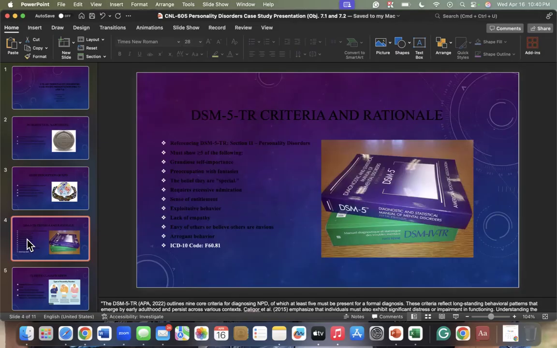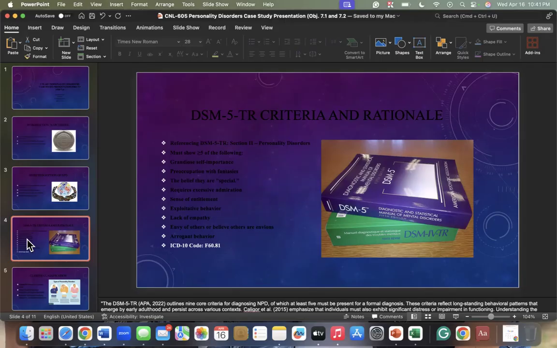Also, for the criteria and the rationale of the DSM-5 for narcissistic, we refer to a section of personality disorder. It can have preoccupation with fantasies. They believe they are special.